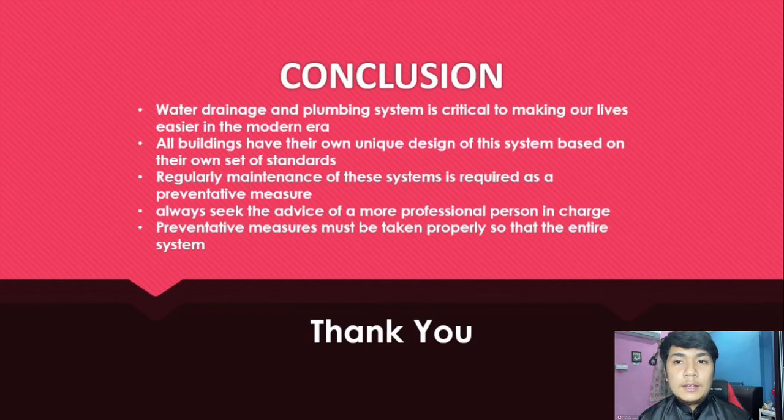All buildings have their own unique design of this system based on their own set standards. So each building type will have different systems and malfunctions. Regular maintenance of this system is required as a preventive measure because prevention is better than cure, so that the issue can be resolved quickly and without causing damage to other components.